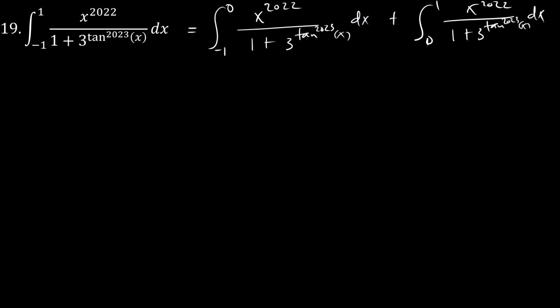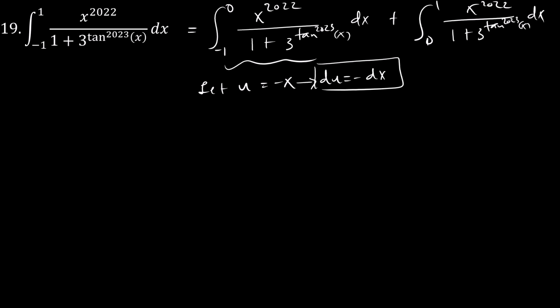Well, we will focus here and say let u be equal to -x such that du is equal to negative dx, and vice versa, obviously. And what that means is that when x equals -1, we have +1, and we have 0.